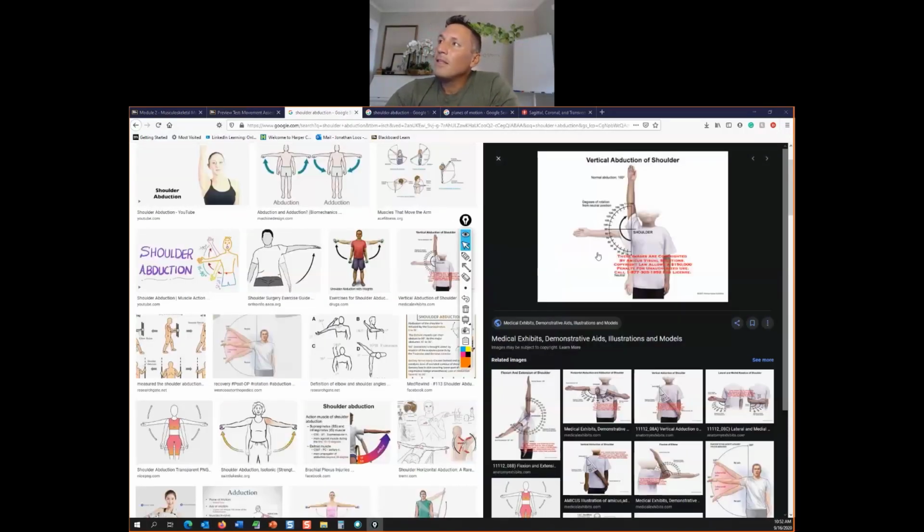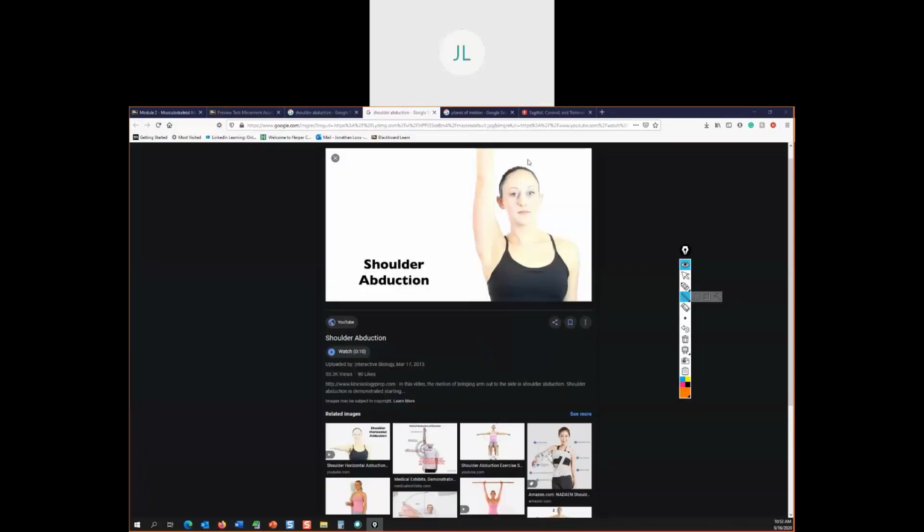All right. So the definition of abduction is moving away from midline, and adduction is moving towards midline. This is the midline right through the body there, okay? Her arm is moving, starting from anatomical position with her arm down at the side, and she's coming up and down here, right?